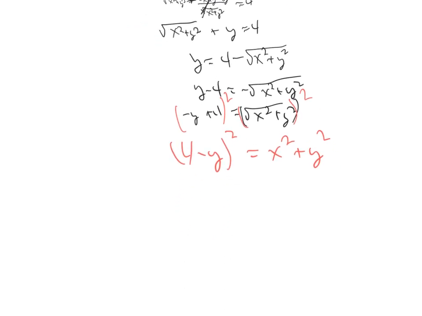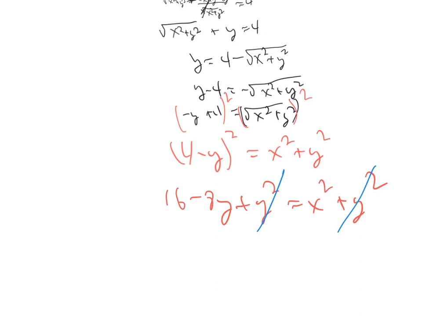I'm going to square this binomial. 16 minus 8y plus y squared equals x squared plus y squared. Subtract y squared from both sides. I'm just doing algebra, trying to get an equation solved for y if I can. If I can't, then I'll have to leave it implicitly with x and y's all mixed up.